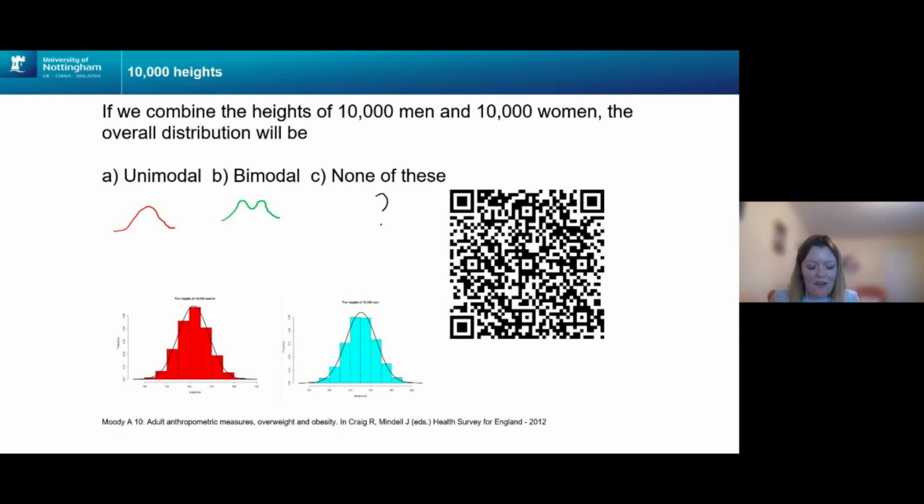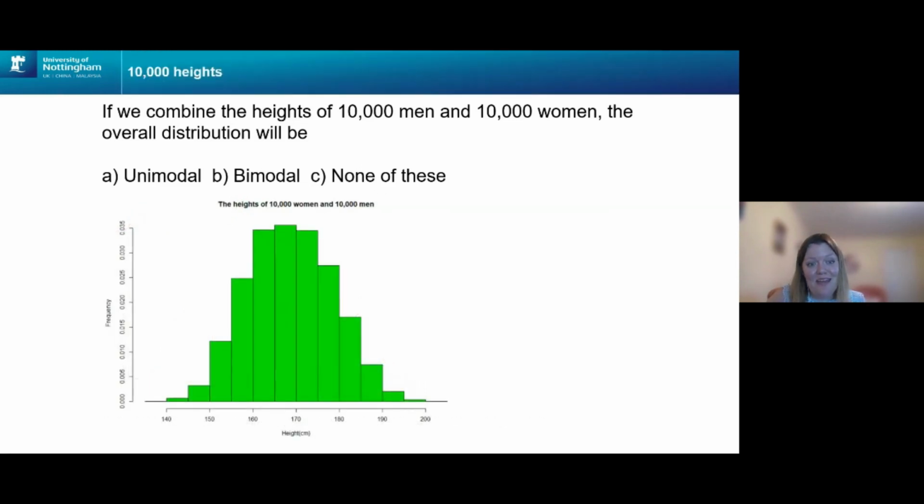So interestingly enough, about half of people who've responded have said bimodal, about a quarter of people have said unimodal, and a quarter of people have said neither unimodal or bimodal. Now, if we actually plotted the combined distribution, it would actually be unimodal, interestingly enough.